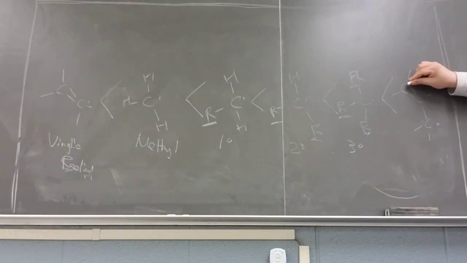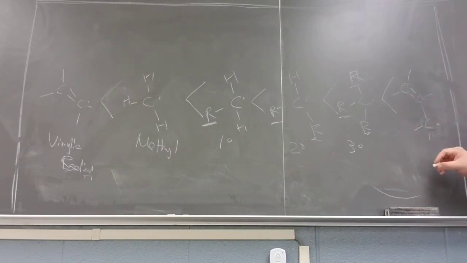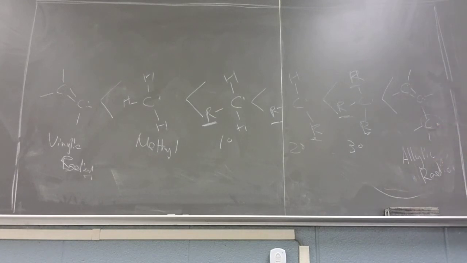Okay, so you have two carbons in a double bond, and there's a neighboring carbon right next to it, and that has a radical form. One hydrogen, one electron here. We call this an allylic radical, because we call this position the allylic position.